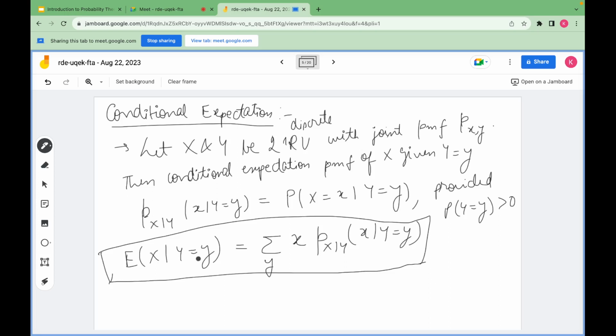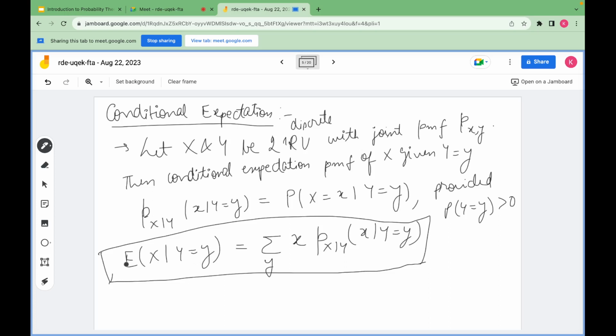It will depend on the values of y, because this conditional expectation is saying what is the expectation for the random variable X, given that this random variable Y takes value small y.